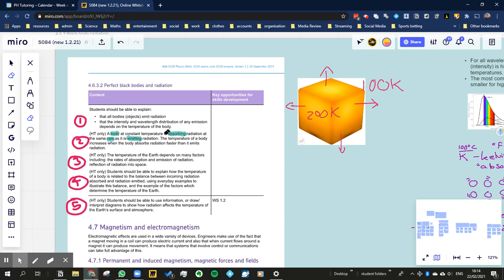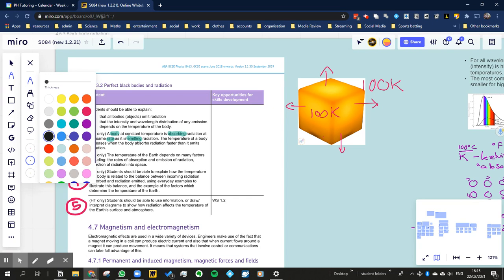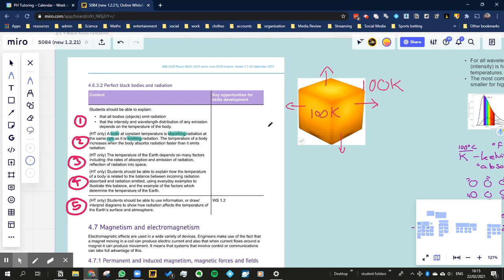So let's read this more carefully. It says a body at constant temperature is absorbing radiation at the same rate it is emitting radiation. So eventually, if these temperatures end up being the same, let's say they're both 100, the mistake people make at this point is they think it stops emitting radiation and stops absorbing radiation.